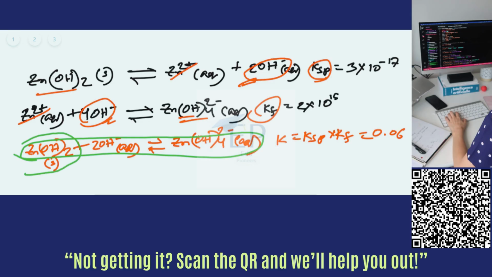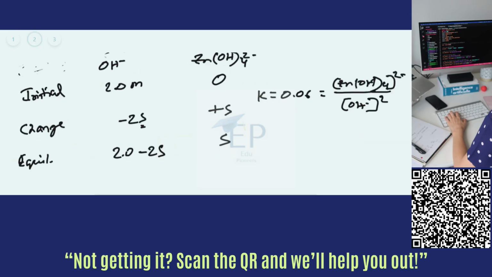We haven't included this because this is a solid, and we know that solid reactants don't affect the equilibrium constant. That's why we don't include any pure solid or liquid in our equilibrium constant equation.